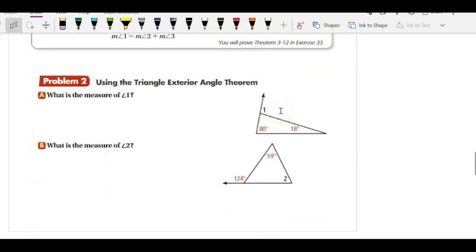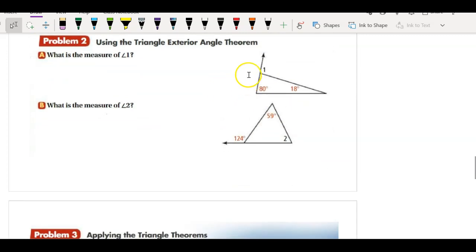So let's put that to use and see what we can figure out. What is the measure of angle 1? Well, my two angles, 80 plus 18, so I know that angle 1 is equal to 18 plus 80, which is equal to 98. Now what's the measure of angle 2? In this case, they gave us the exterior angle, and they want us to find the interior angle.